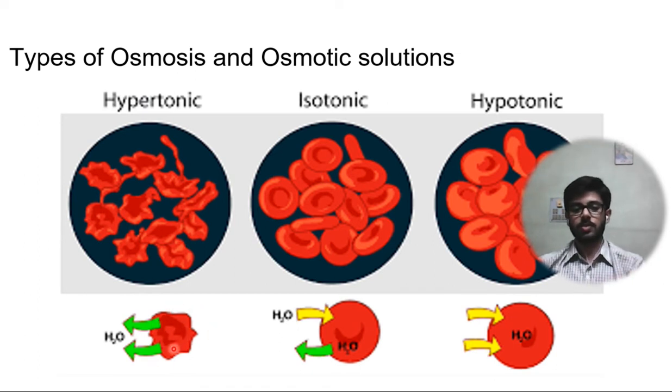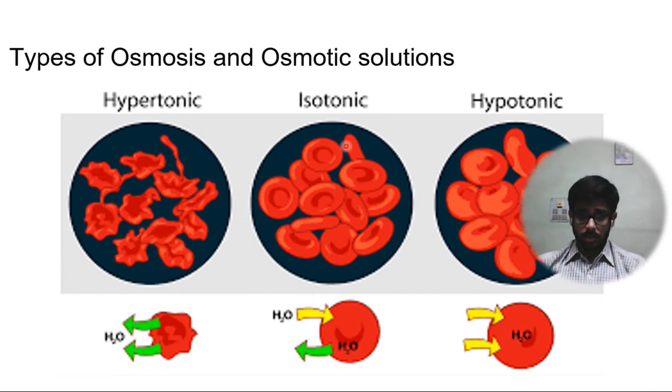The structure of the kishmish changes and it shrinks. So according to the kishmish, the sugar solution particularly is the hypertonic solution. This coming out of water is termed exoosmosis, the second type of osmosis. So always remember, exo means something is coming out and endo means something is coming in.